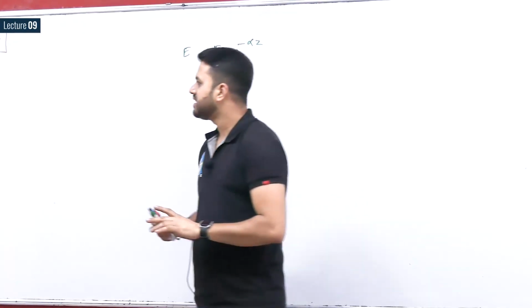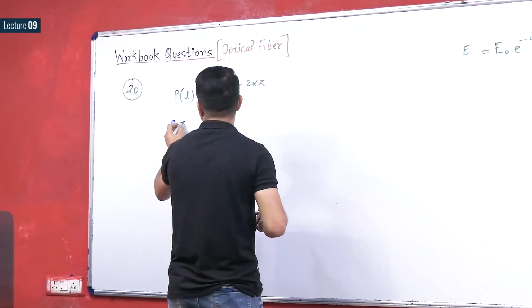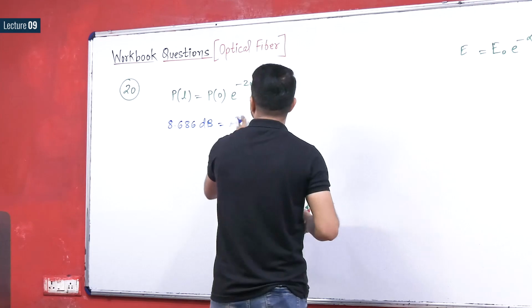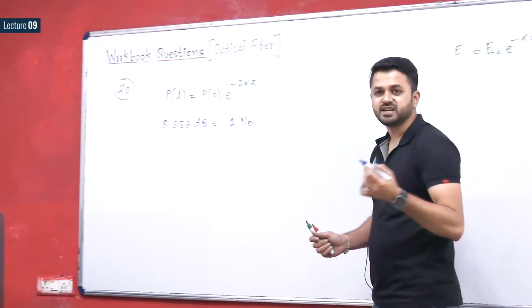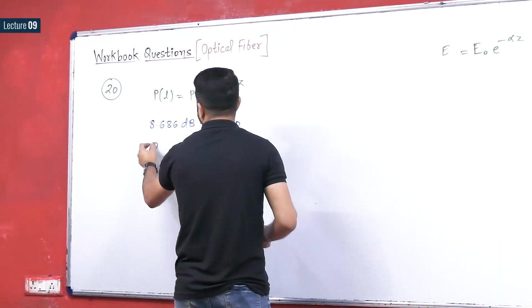Now this attenuation is given as 0.25. We know that 8.686 dB is equal to 1 Napier, but here the value should be in Napier. So the attenuation given in dB we have to calculate in Napier.